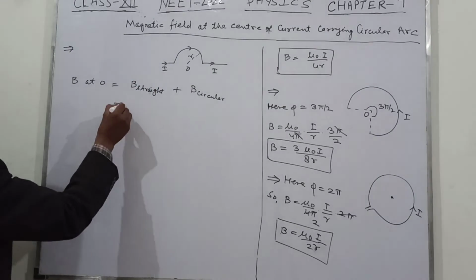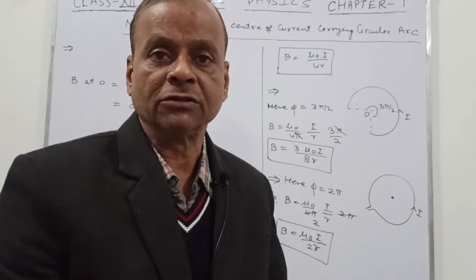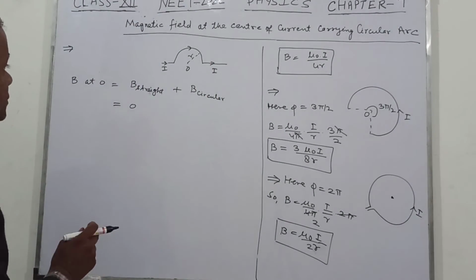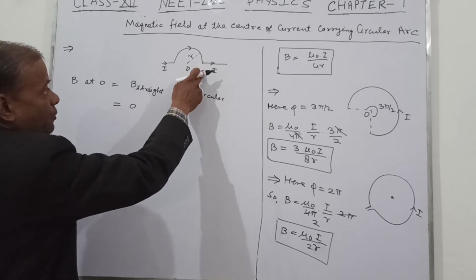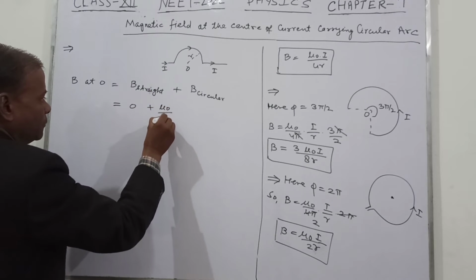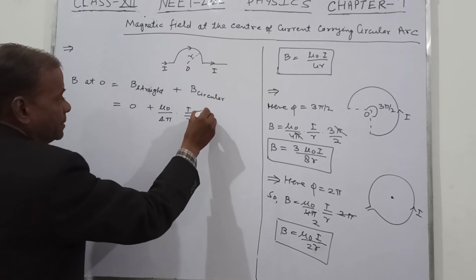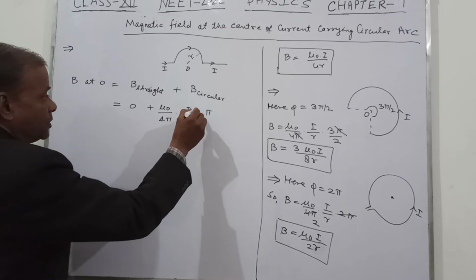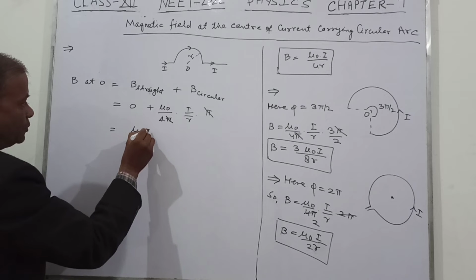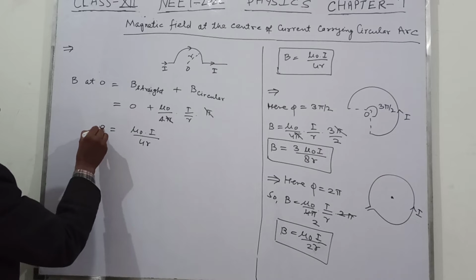So because of the straight part, this magnetic field is 0, because I have told you that the magnetic field along the current carrying conductor is always 0. And this here is the half of this complete. So this is your mu naught upon 4 pi into I upon R. Now this angle will be pi. So just you have this, and then this will come out to be mu naught into I upon 4R. This is the magnetic field B.